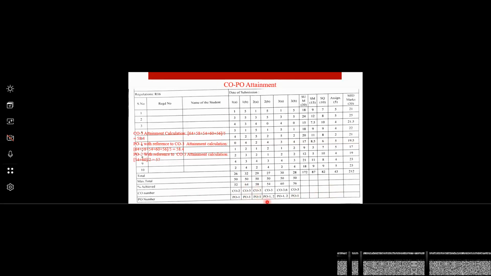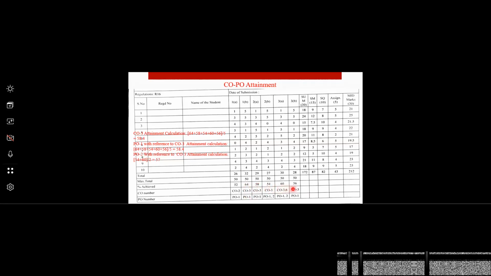Okay. Now let us see with respect to CO3 how to calculate the PO1 attainment. Okay. With respect to CO3, I am not talking about CO2, sir. CO3. Here how much is it? 64%. It is 58%. Here also CO3, PO1, CO3 is mapped here. And PO1 is also here, CO3.